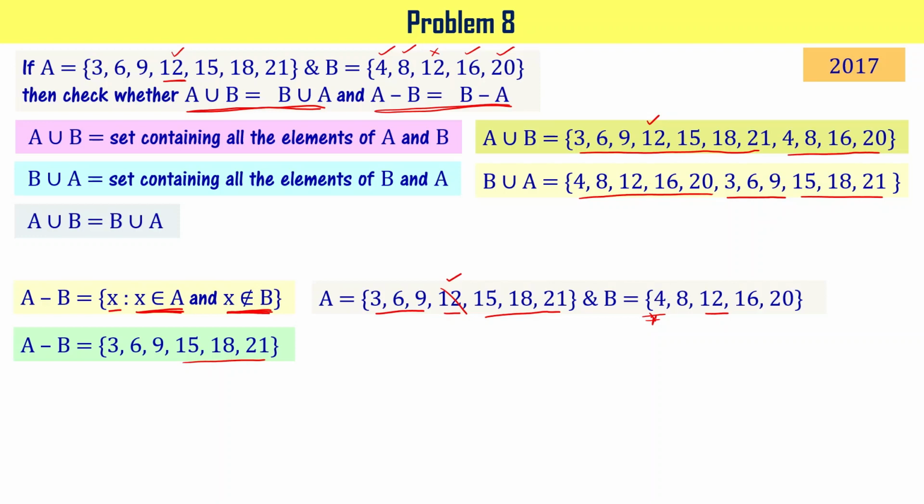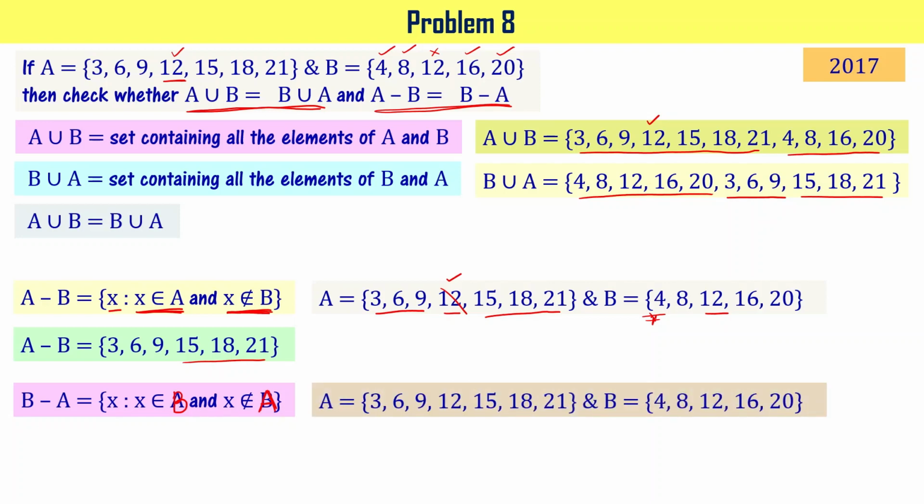Now let's find B minus A. B minus A is the set containing elements X such that X belongs to B but does not belong to A. It means we have to start with set B and drop the elements that belong to A.